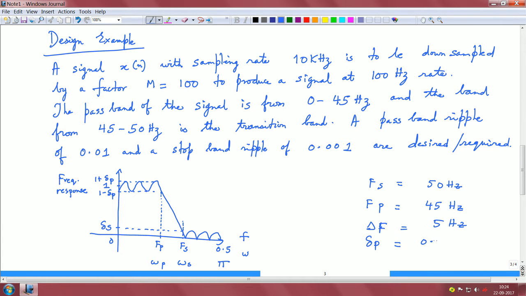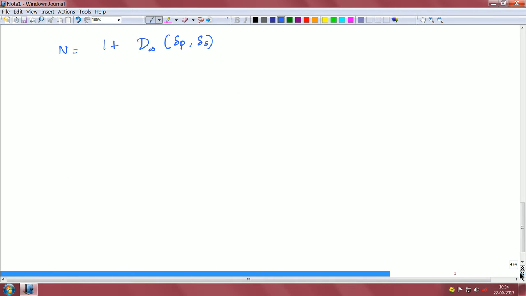Delta p is 0.01 and delta s is 0.001. So, now we have all the specifications here. Now, from this we have to get towards estimating the filter order. So, we have an equation towards this, and I will provide you this formula and I will give you the reference.